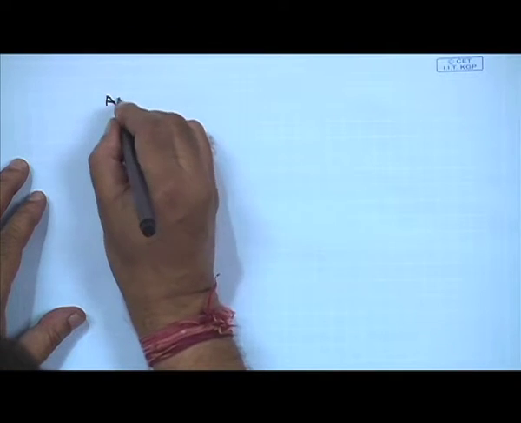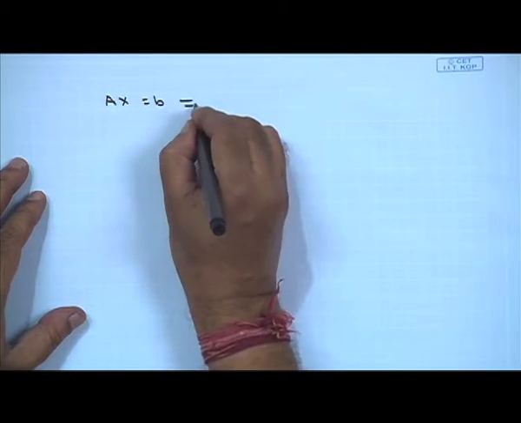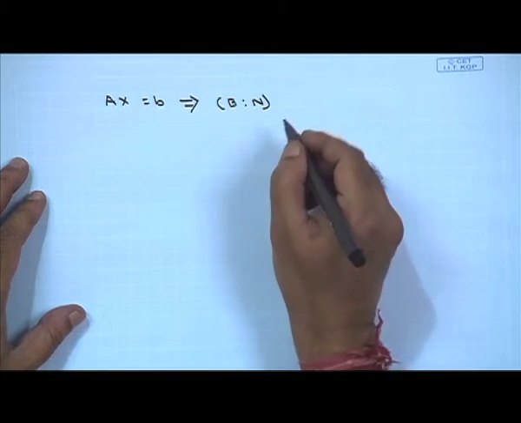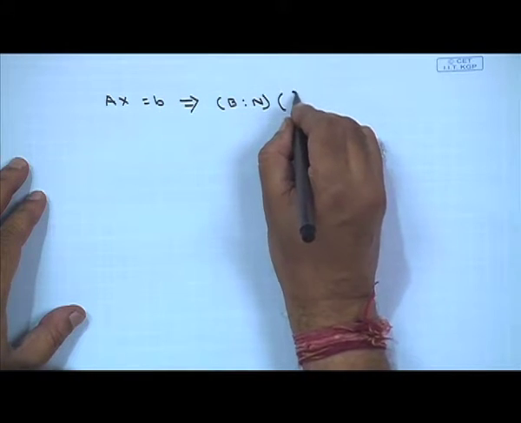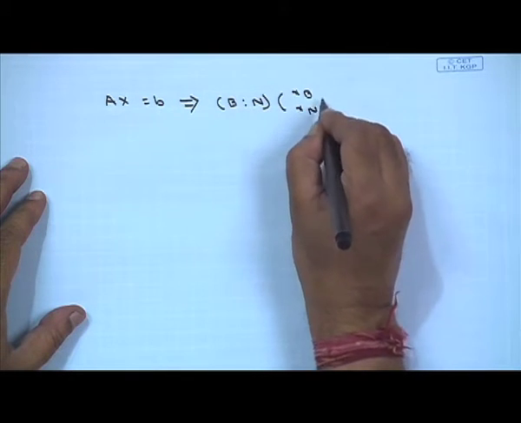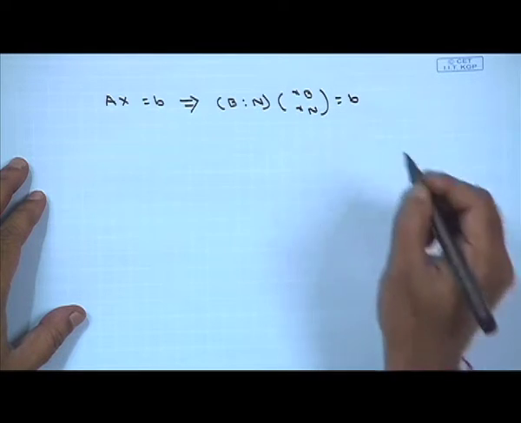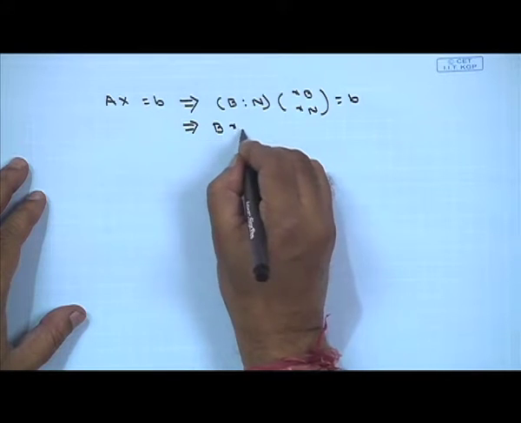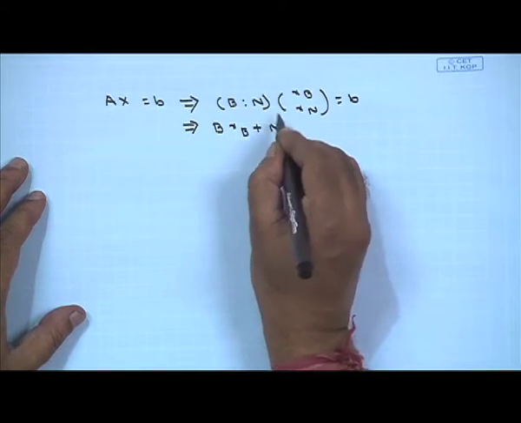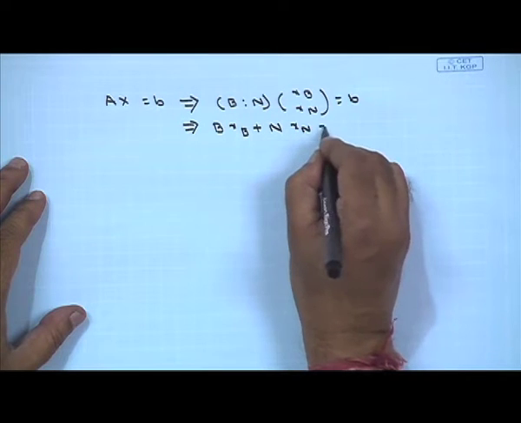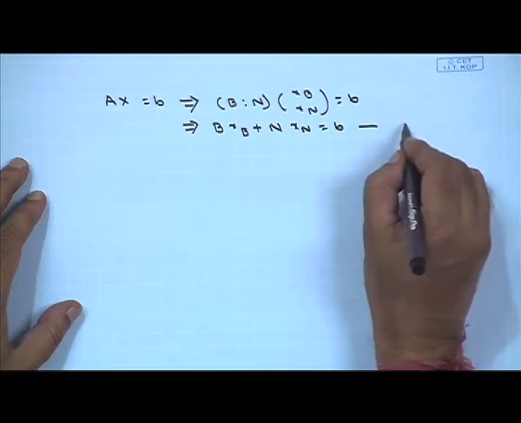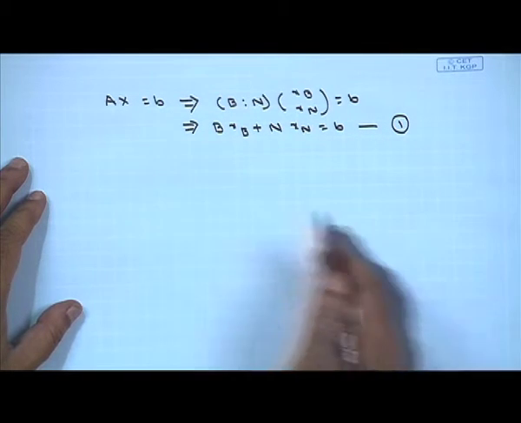Ax equals B, which from the earlier notation, with A denoted by B and N, and x denoted by xb and xn, implies B into xb plus N into xn equals B. This is equation number 1.